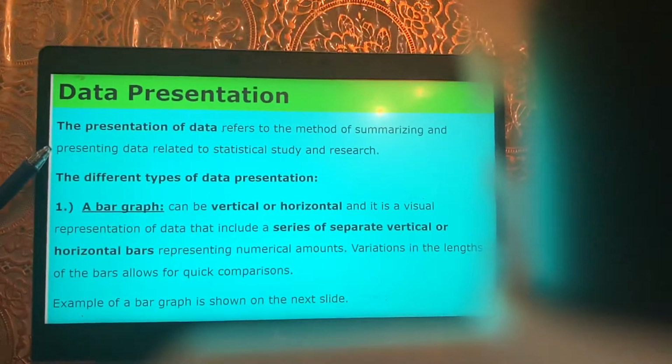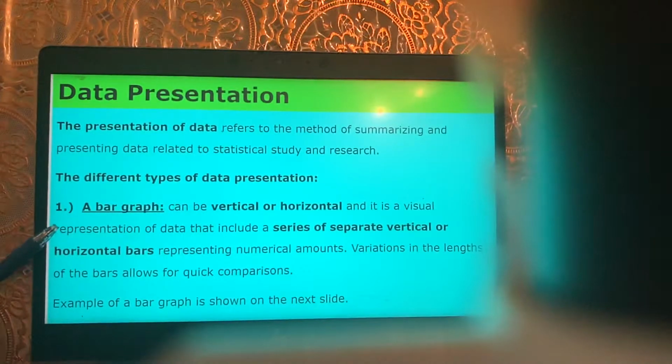Data can be represented in different ways. The method of summarizing and presenting data is called just data presentation. In the study of research or statistics, one of them is a bar graph.